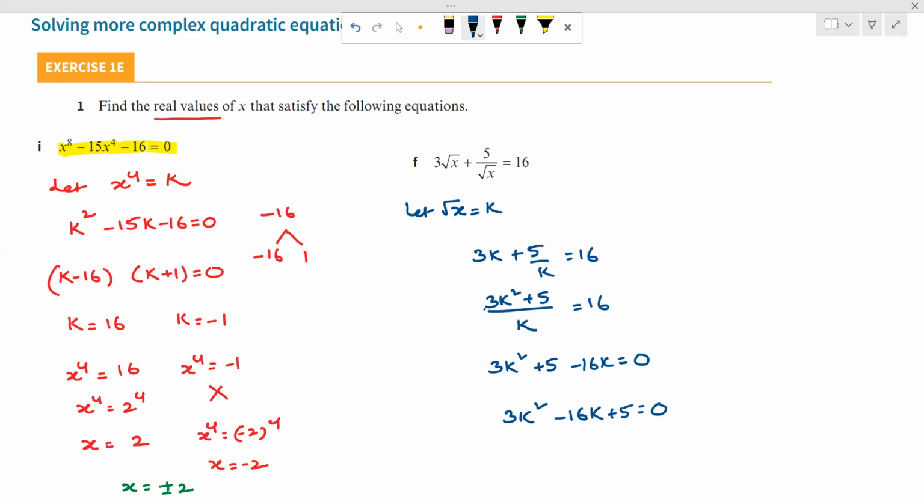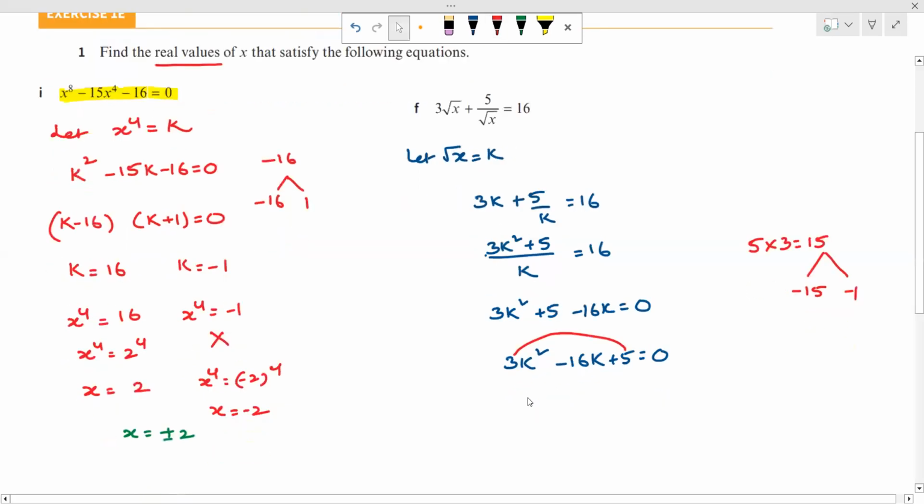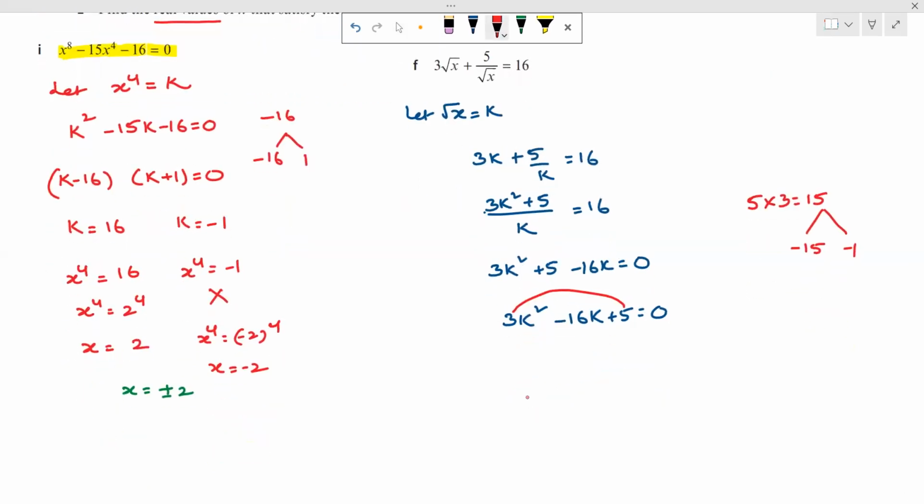So here, 5 times 3 is 15. When you split into two factors, the sum should be minus 16. So minus 15 and minus 1. If I take minus 15 and minus 1, it will be minus 16. So 3k square minus 15k minus k plus 5 is equal to 0.